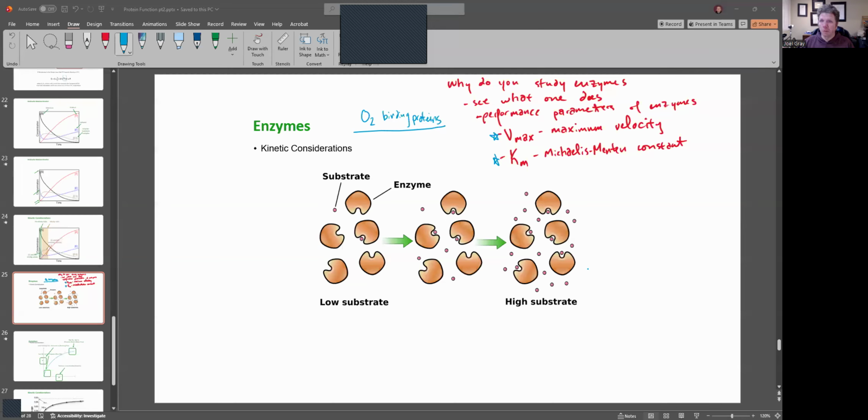You can't give it more substrate to make it go faster. There are some things that you can do to optimize it, but it has a maximum velocity.